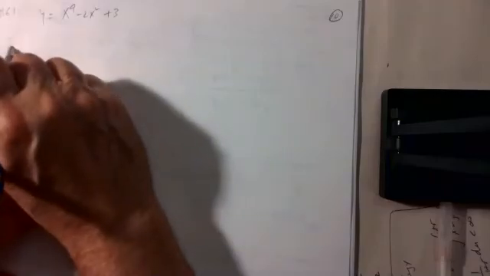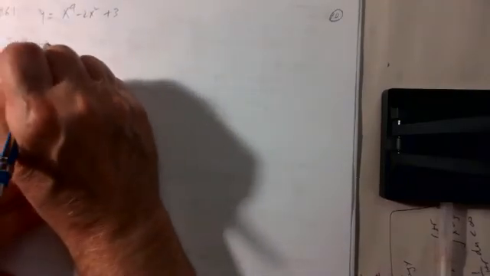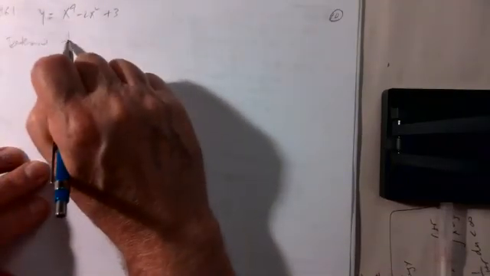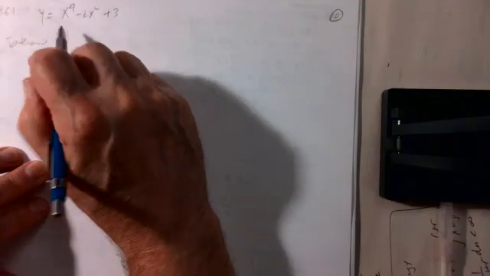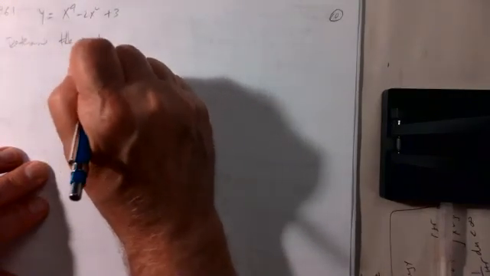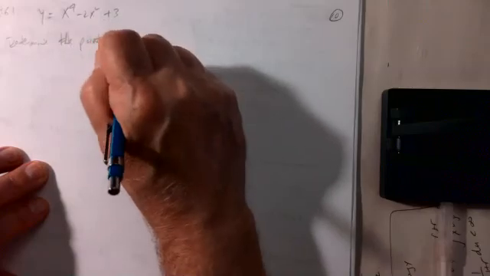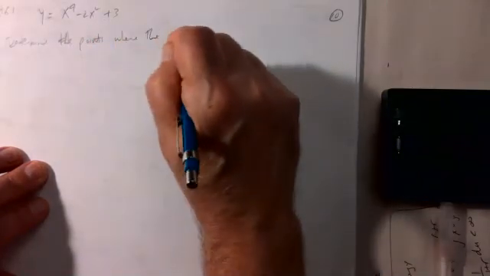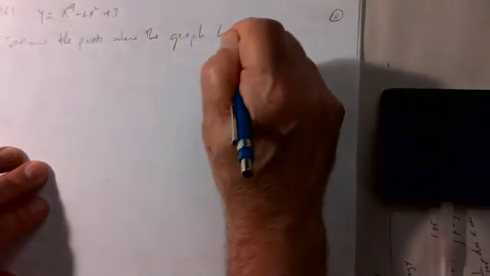And the problem is determine the points where the graph has a horizontal tangent line.